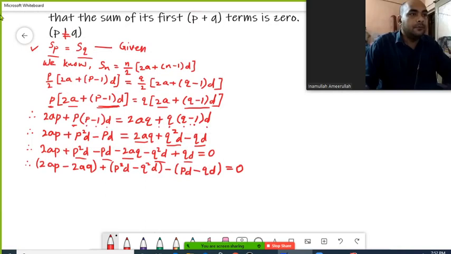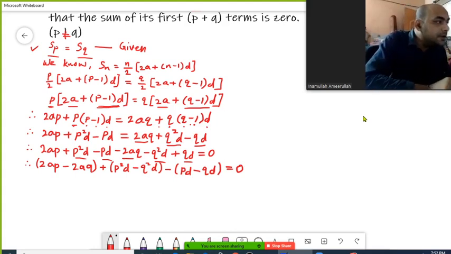Now what next? After categorizing them in three groups, we need to take out common factors. What is common here? I can see 2a as a common factor with both the terms, so I'll take out 2a as a common factor.